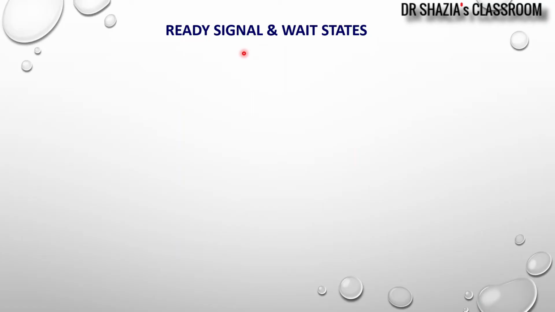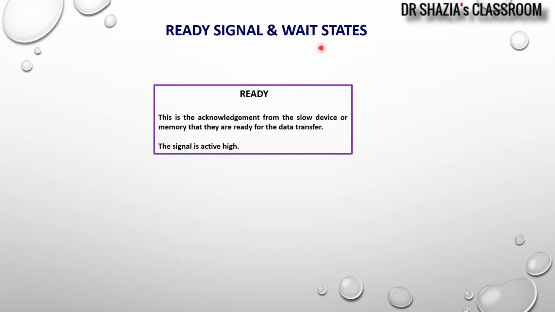Whenever your memory or IO device is ready for data transfer, it will send a ready signal to the microprocessor. Once the ready signal is received, the microprocessor will go for the T3 state and all the operations related to it. If the ready signal is not received, or ready is 0, that means your memory or IO device is not ready for data transfer. So the processor will insert a wait state before T3.